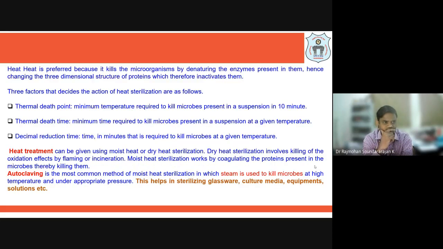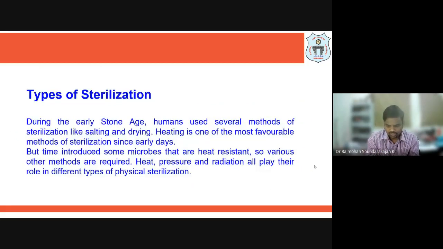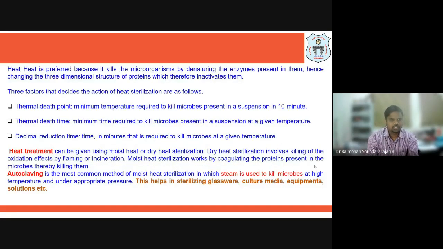We are going to discuss heat, pressure and radiation for sterilization. To start with heat, it is the preferred method because it kills the microorganism by denaturing the enzymes present in them and changing the structure of the proteins, thereby inactivating the microorganisms.